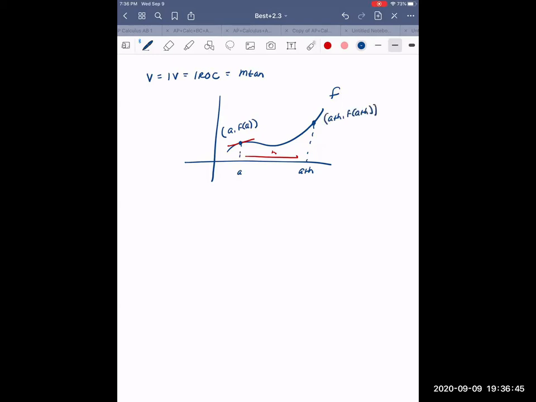The thing is, if I draw the slope between this point and a plus h, so I draw this line here, this is a terrible picture because the slope of my secant line sort of coincides with the slope of my tangent line, which I didn't want. But the idea is that maybe my tangent line is really more like this.